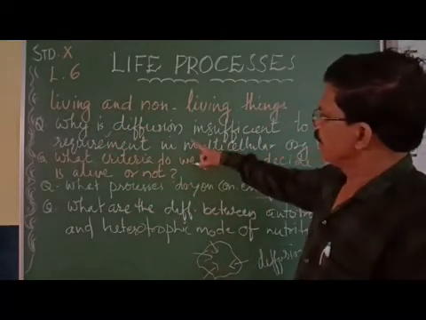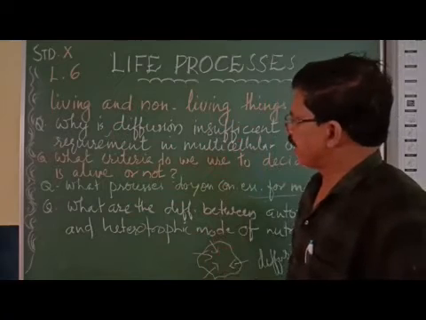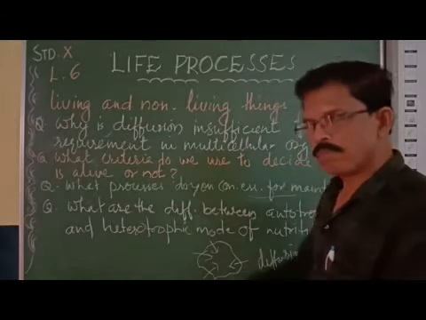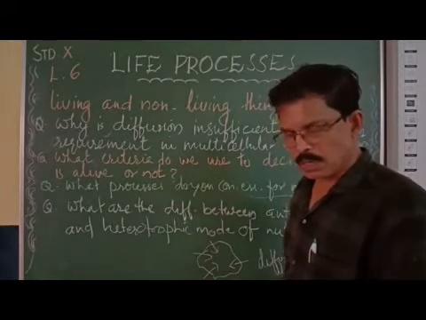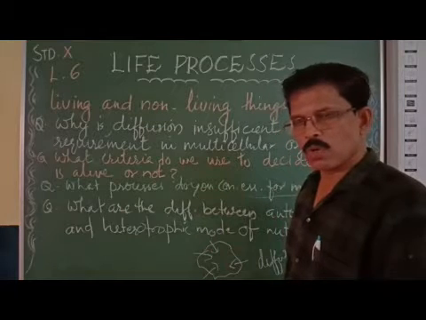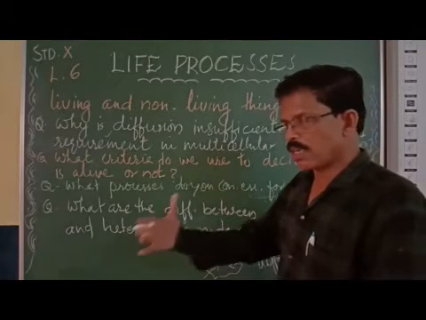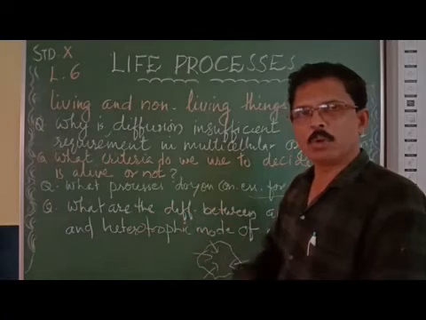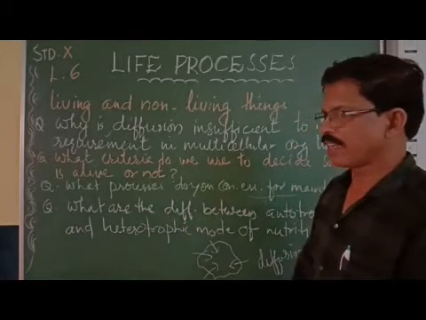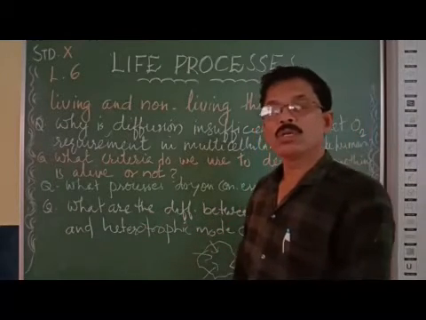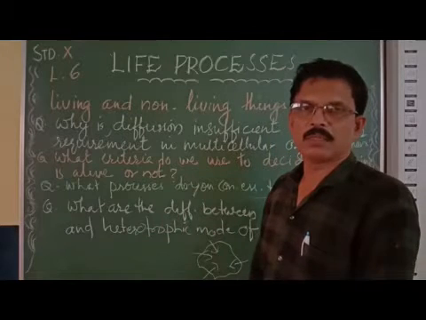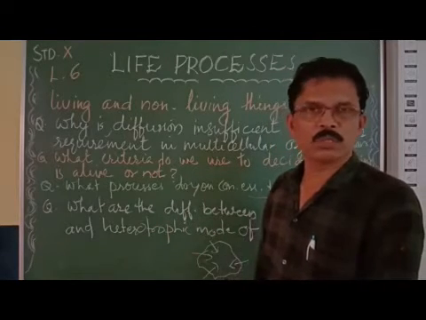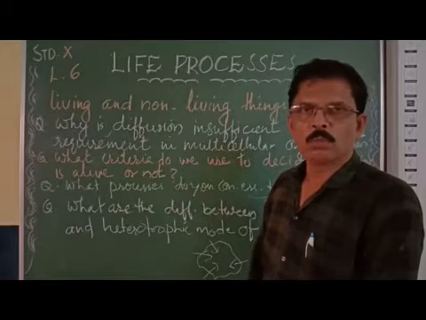Question: why is diffusion insufficient to meet the energy requirement in multicellular organisms? In multicellular organisms there are a large number of cells, and only the outer cells are in contact with the environment, but inside the body the cells are not in contact with the environment. Diffusion is insufficient to provide energy and oxygen to all the cells.